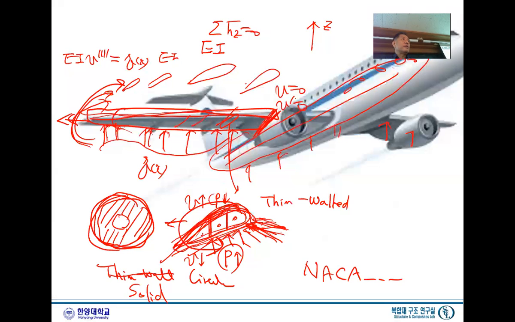Any questions? So as I announced, this semester is strength of material 2, which means you had a class in advance, strength of material 1, but I just reviewed all torsion theory and beam theory for you.